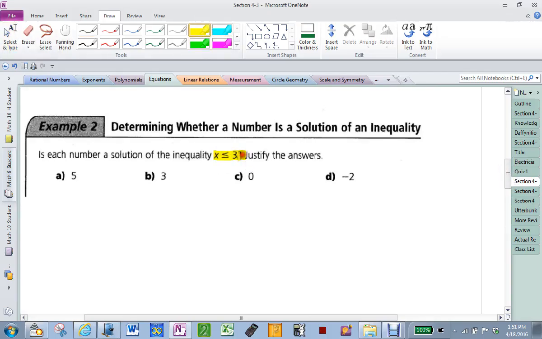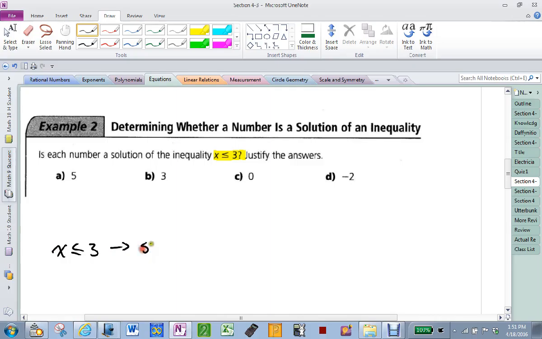Here is an inequality. That inequality is written as x less than or equal to 3, which means what in English? X is what? Variable number. Some number, right?